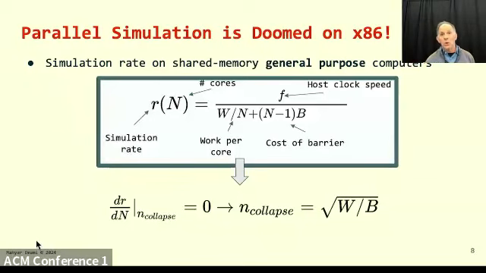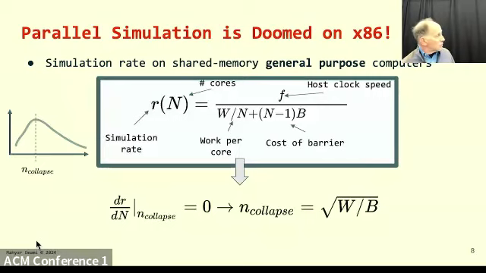The cost of the work, W, is very low. The amount of computation it takes to simulate the logic is a very small number of instructions, maybe tens of cycles. The cost of a barrier on a large machine is very high. It's thousands of cycles. And so this disparity is where we get the curve that goes up, and then it plateaus pretty soon, and then it falls off.